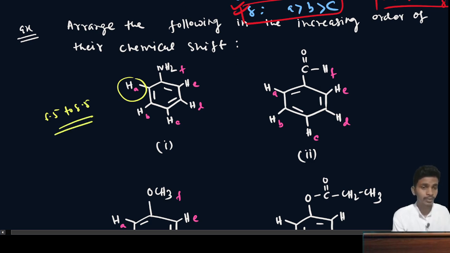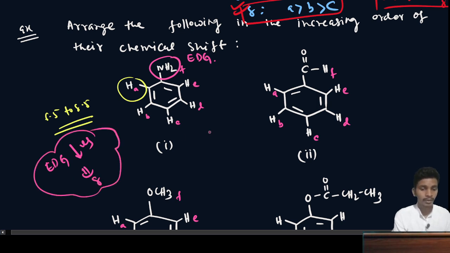But now the question is, here this is an electron donating group, and we have seen that electron donating groups decrease the chemical shift, and electron withdrawing groups increase the chemical shift.